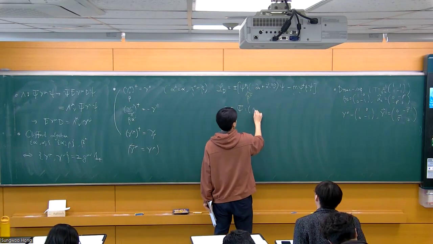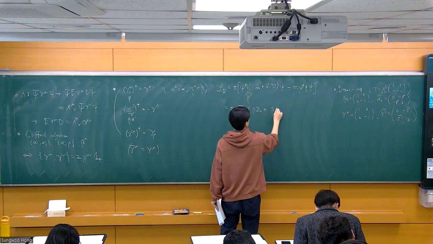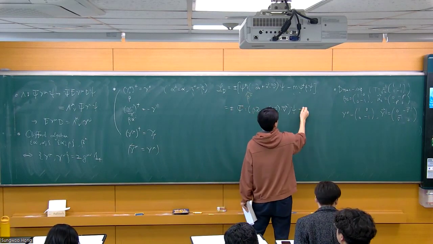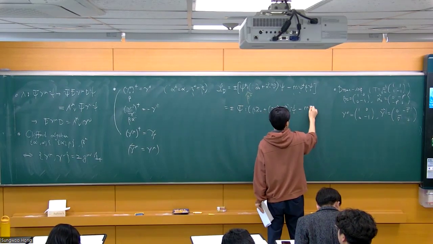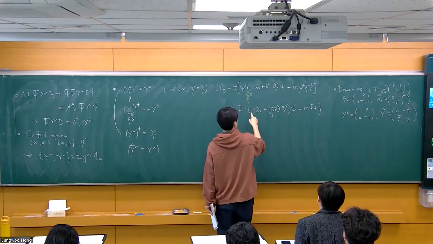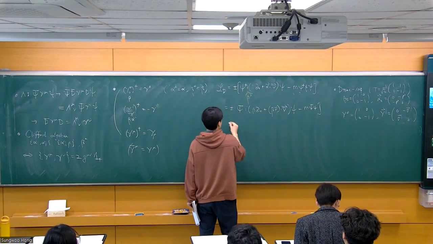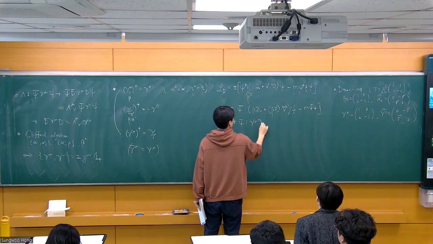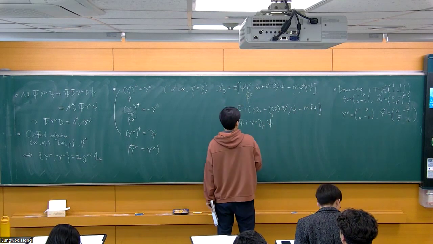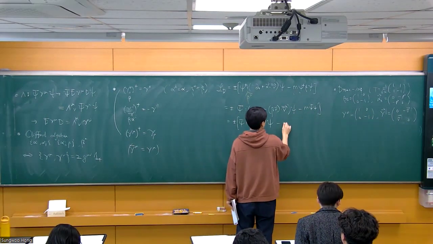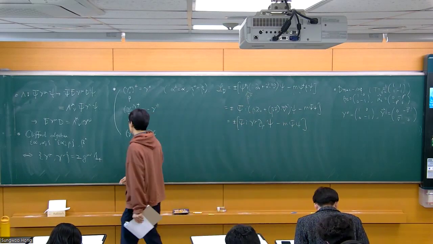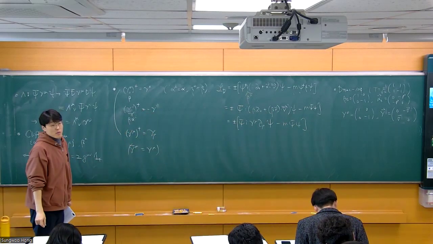Then I have beta times alpha, so this is gamma 0, this is gamma i, combined to be gamma mu partial mu, minus m psi bar psi. This is the conventional form that you will see everywhere.